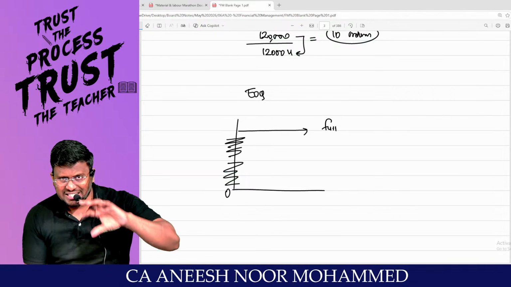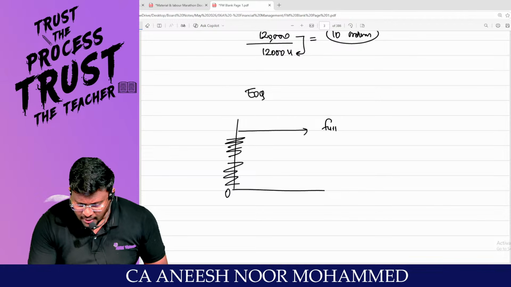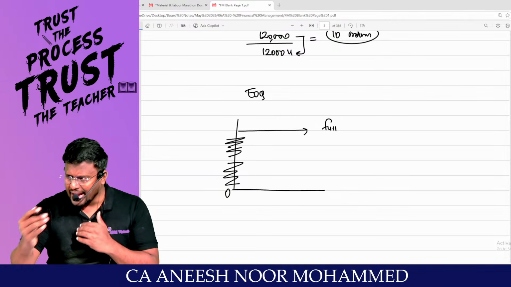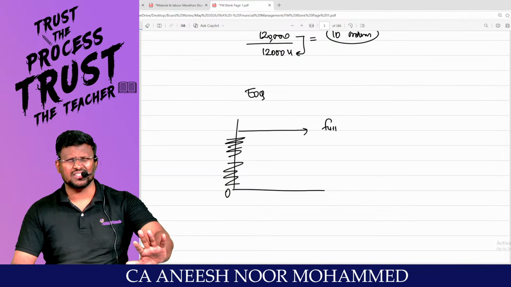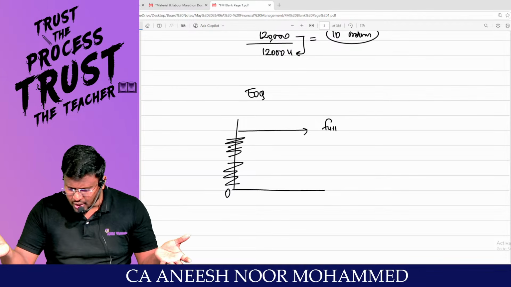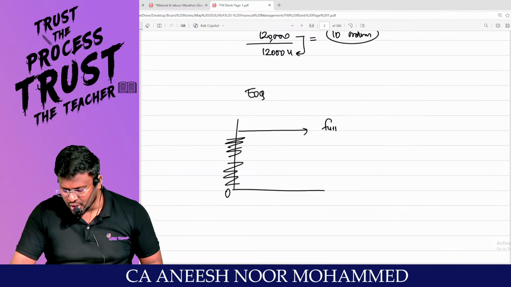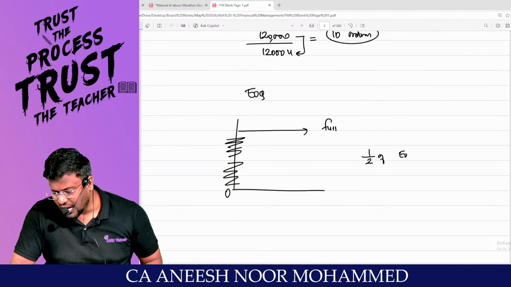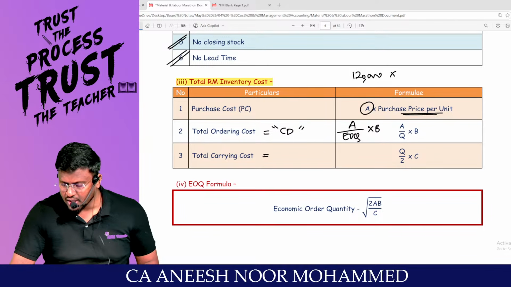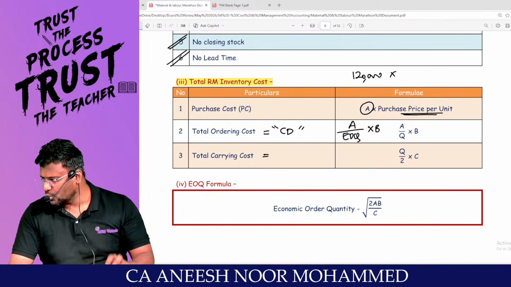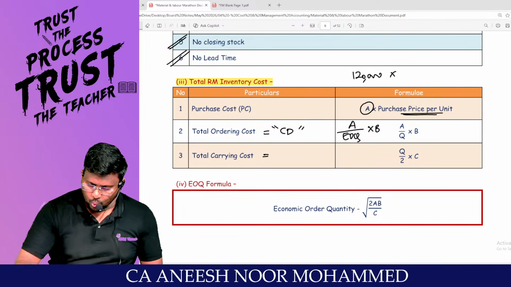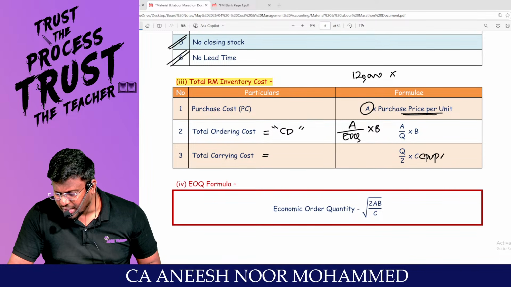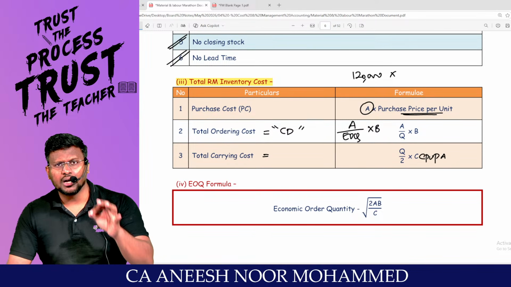So at the start I carry full EOQ, but at the end it becomes zero. In costing, I don't want both extremes, I will take an average. So it is better to say that I will carry half of EOQ. Q means EOQ, divided by 2 means half of EOQ, into carrying cost per unit per annum is the total carrying cost.